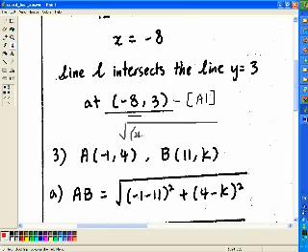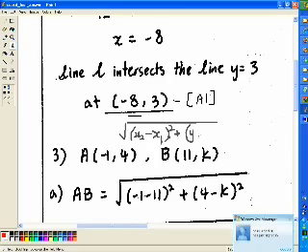It can be x2 minus x1 or x1 minus x2, it doesn't matter. I said this many times.